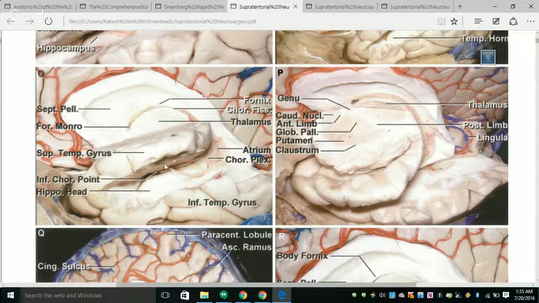In figure P, we can see the superolateral view of the cross section of the central area of the hemisphere, which is positioned between the insula laterally and the ventricles medially.